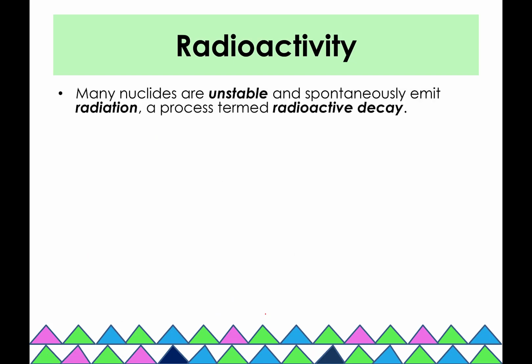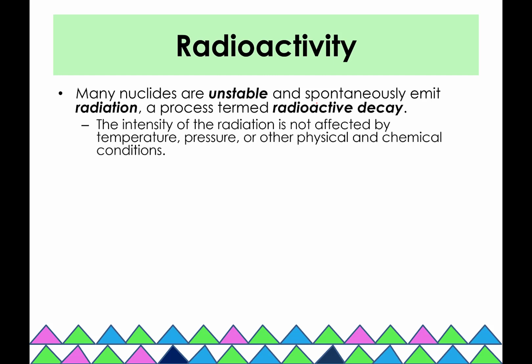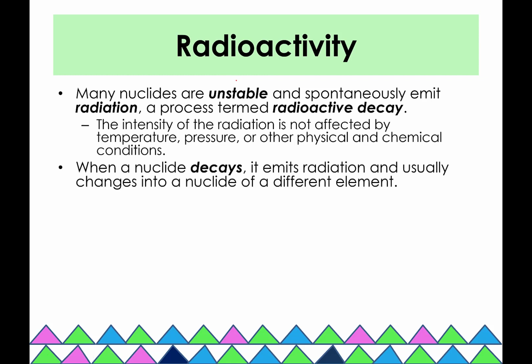Radioactivity. Many nuclides are unstable and they spontaneously emit radiation, a process termed radioactive decay. This was first observed by Marie Curie. The intensity of the radiation is not affected by the temperature, pressure, or other physical and chemical conditions. When a nuclide decays, it emits radiation and usually changes into a nuclide of a different identity.